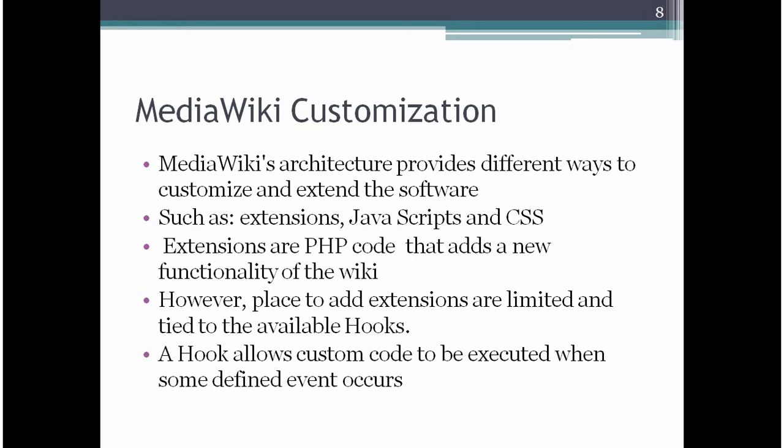So it basically extends the functionality of the MediaWiki engine. However, for these extensions to be made, you need to make sure that there is a corresponding hook in the existing MediaWiki engine source code. And by a hook, I mean it's a place in the code that executes when a certain event takes place.